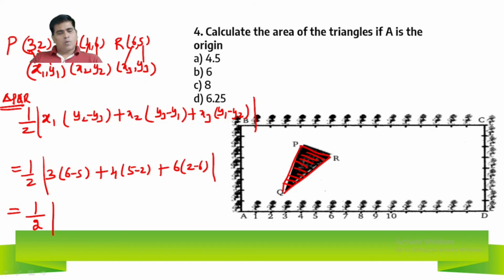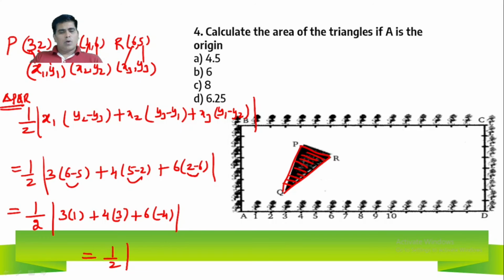So 1 by 2 modulus. So this is 3 times 1. Why? Because the difference 6 minus 5 is 1 here. And 4 times the difference between 5 and 2, which is 3. And this is 6 times the difference, which is minus 4 here. So simplify it, we will get the answer.